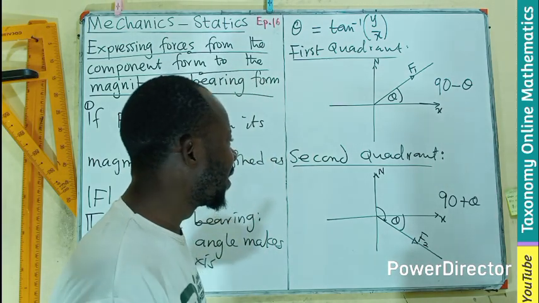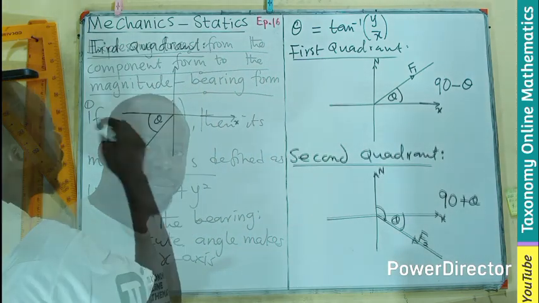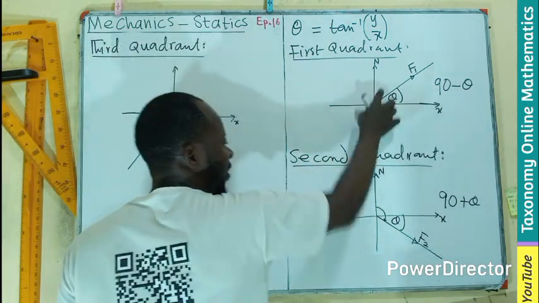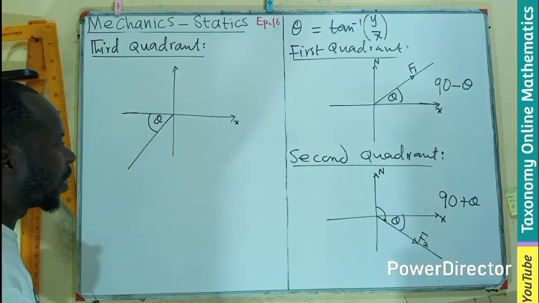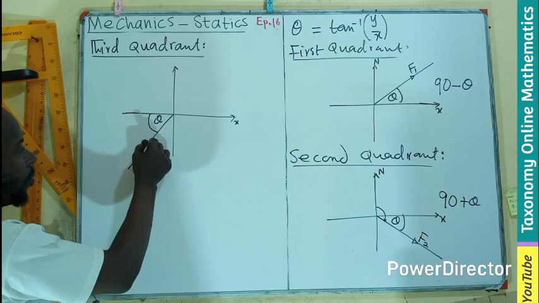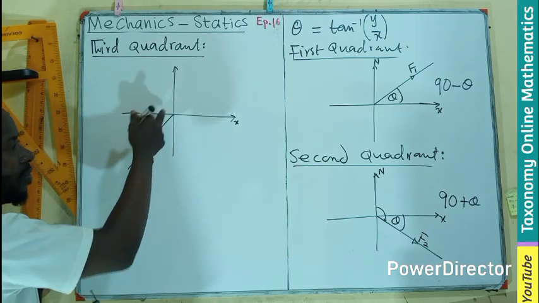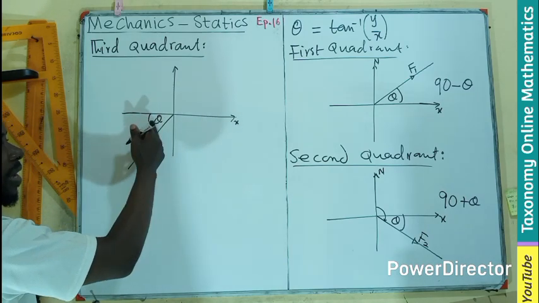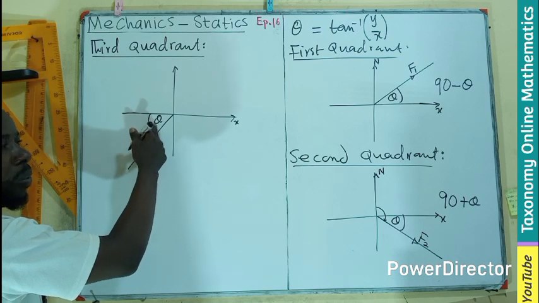Let's see if you are taking the third quadrant. So in the third quadrant, we have first, second, third. In the third quadrant, we are having the angle the force, which is force 3, makes with the x-axis, this angle. So if I know this angle, what do I do?